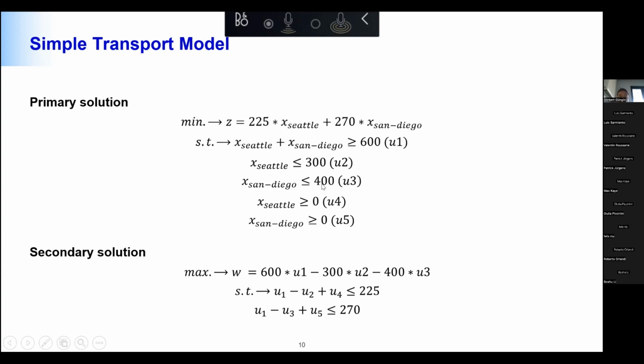So the utility of increasing this 400 by an additional amount is actually 0. This does not affect our solution. And also we are not constrained by U4 and U5. Increasing these amounts by 1 again does not affect our solution. So I can say that U3, U4, and U5, our utilities from these equations, are 0.